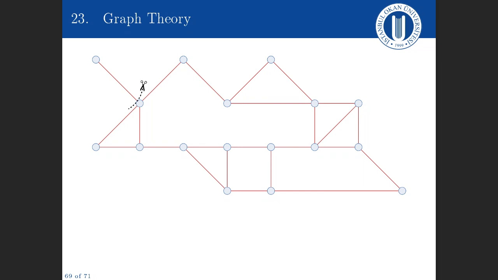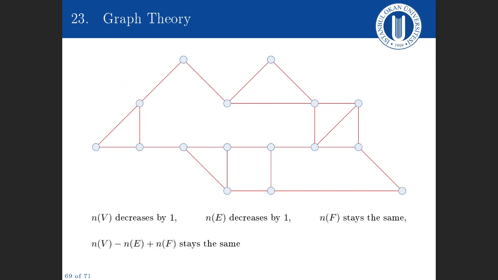Well, one thing we could do is we could cut off a pendant. What happens if I cut where the scissors are? Well, we're going to be removing one edge, and we're going to be removing one vertex. So the number of vertices is going to decrease by 1. The number of edges is also going to decrease by 1.